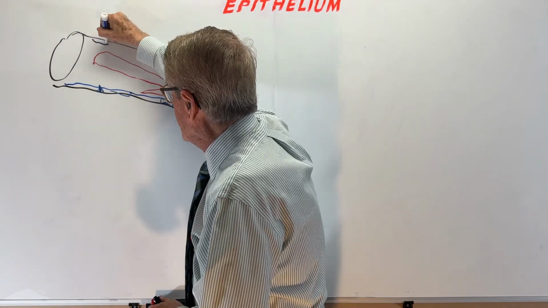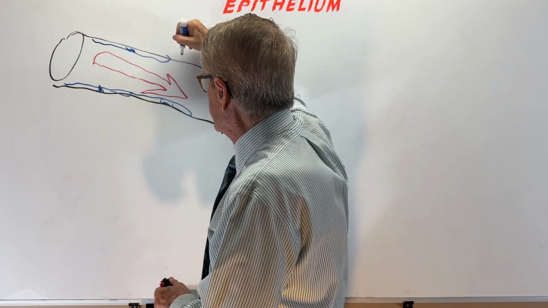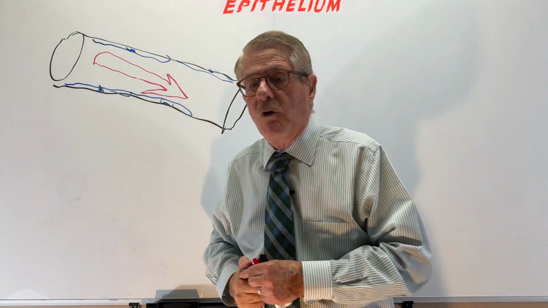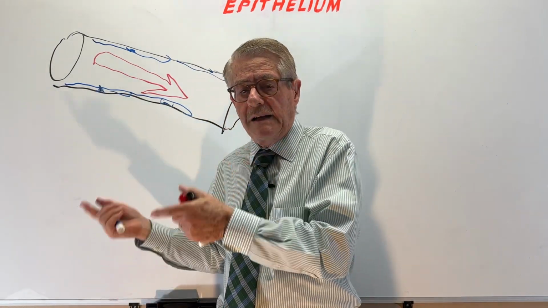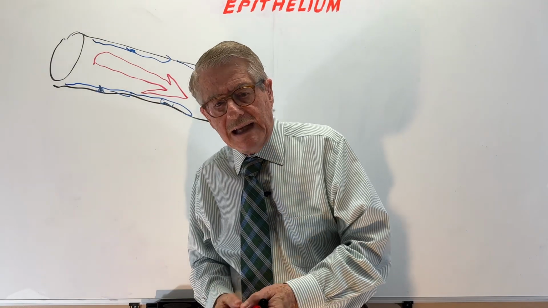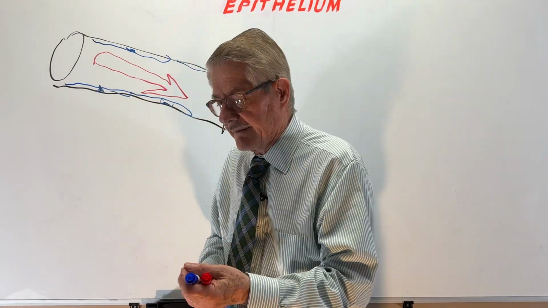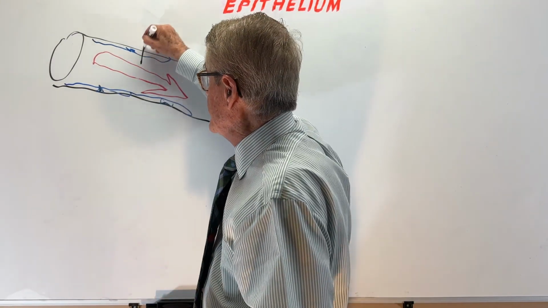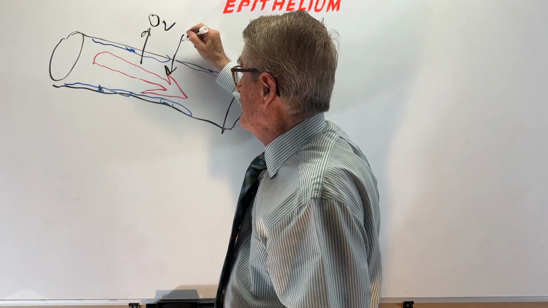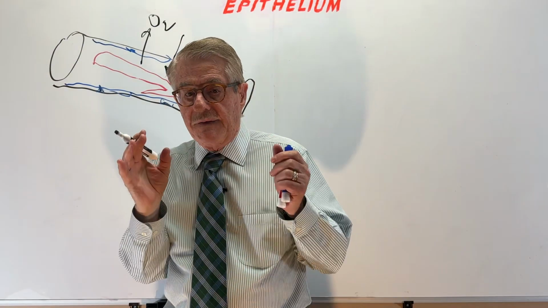You want to have an epithelium that is as flat as possible, so that it allows the flow of blood in the heart, in the arteries, in the veins, in the capillaries. In addition to that, in the capillaries, you're going to have the possibility of an exchange of gases, because the epithelium is very thin.